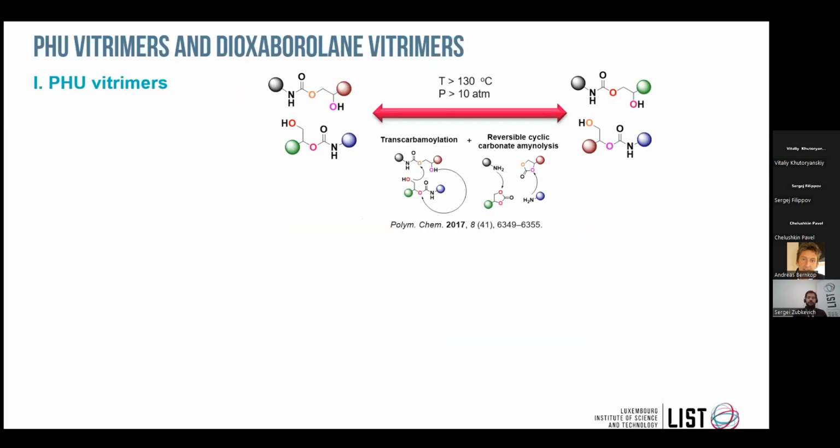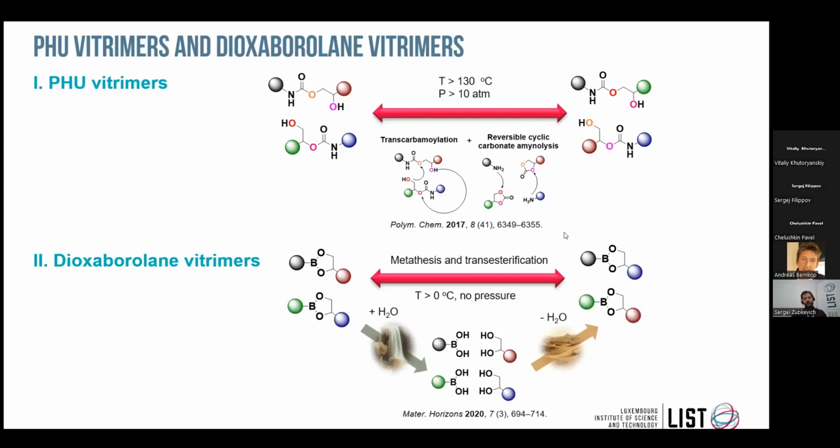Polyhydroxyurethanes are vitrimers by definition because the urethane moiety inside the polymer backbone is dynamic, and we also have pendant OH groups that allow us to have associative transcarbamylation. But at the same time, according to the papers that we found in the literature from Professor Torkelson from Northwestern University, there is also dissociative exchange undergoing. But polyhydroxyurethanes require high temperatures and high pressures to be actually reprocessed.